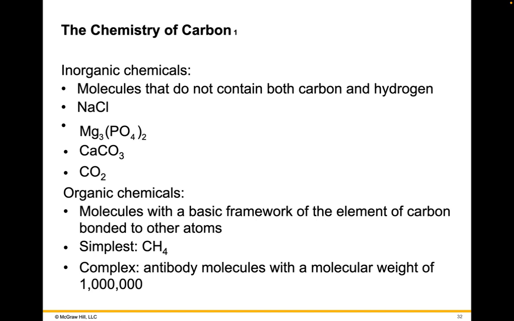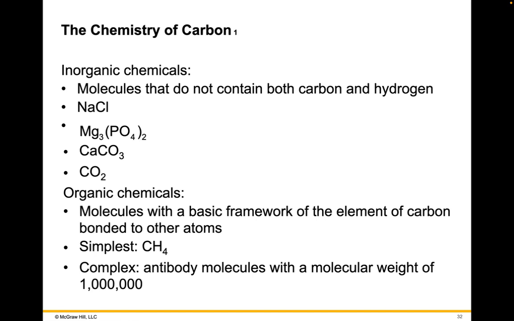in chemistry. Organic molecules are molecules that have a framework of carbon, and with that carbon attached is hydrogen. So we're going to put some atoms together to make up some pretty complex molecules in this section of the chapter. So what are inorganic molecules? Well, inorganic molecules aren't made of both carbon and hydrogen.